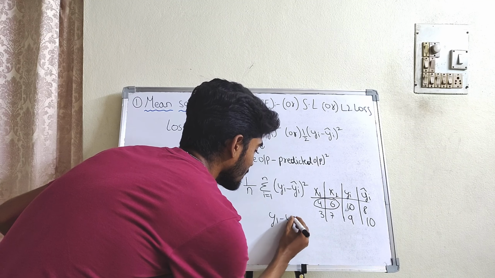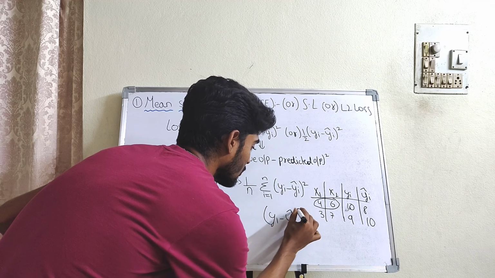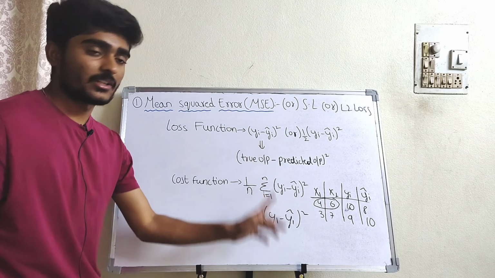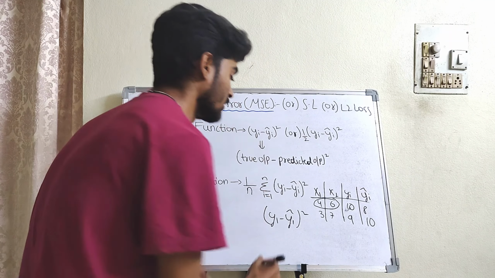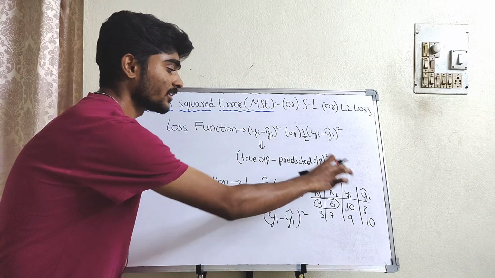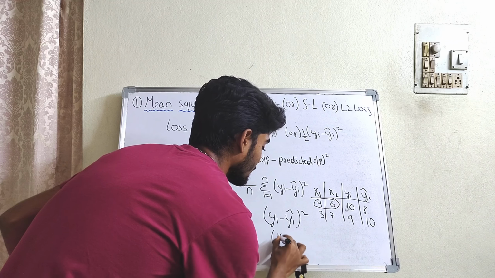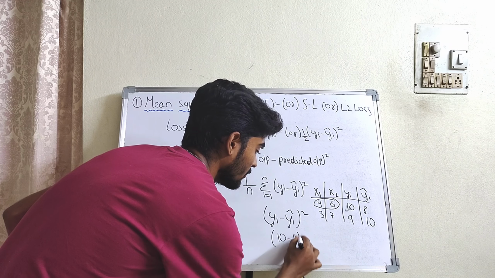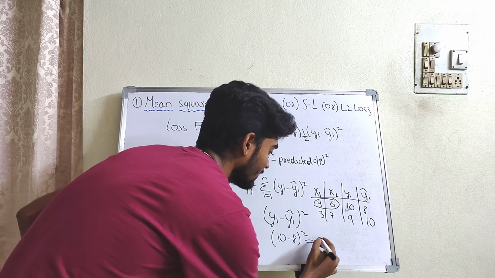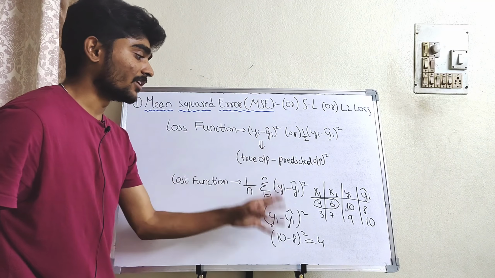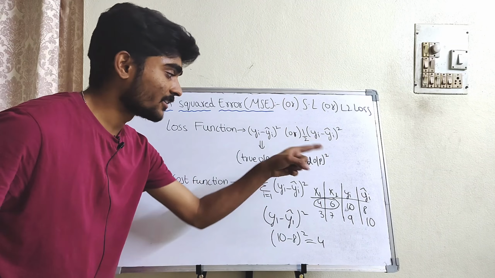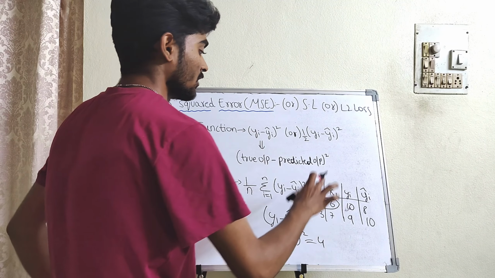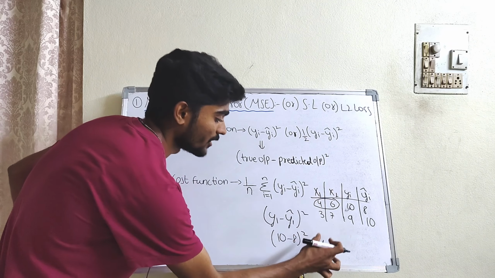Our formula becomes (y1 minus y1 hat) whole square. So for this data, 10 minus 8 whole square, that is 4. For this first training example, our total loss function output is 4.